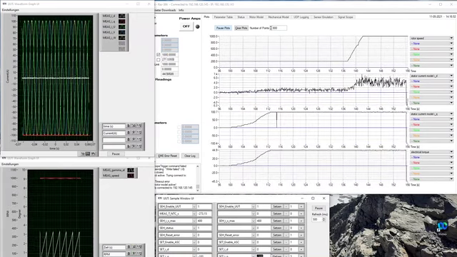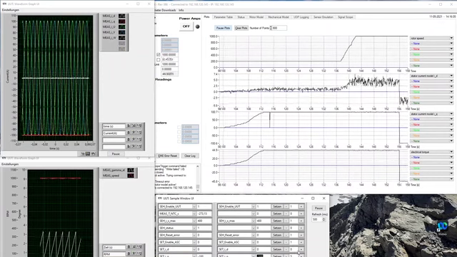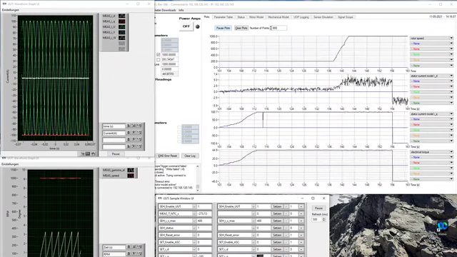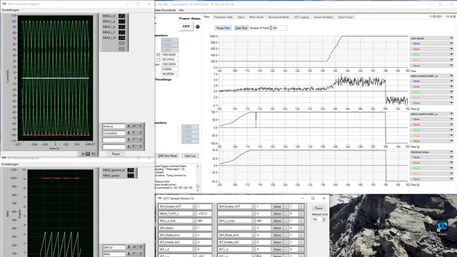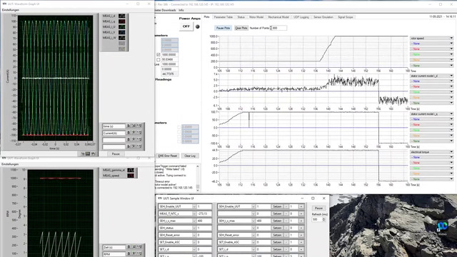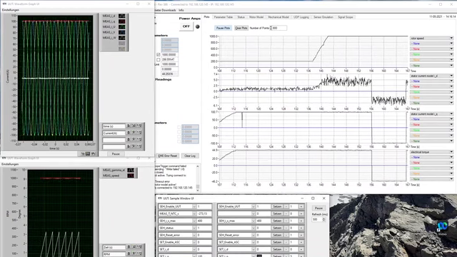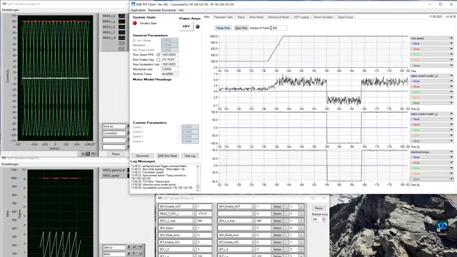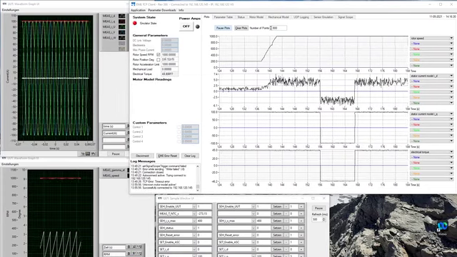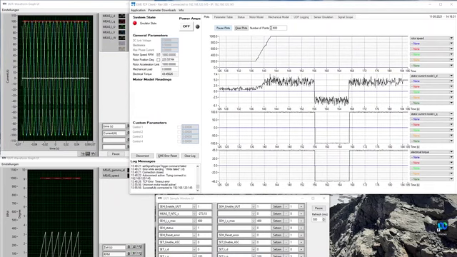The Q current set point is changed from 100 ampere to minus 100 ampere and back again to 100 ampere. It can be seen that the current follows the set point and the system remains stable.